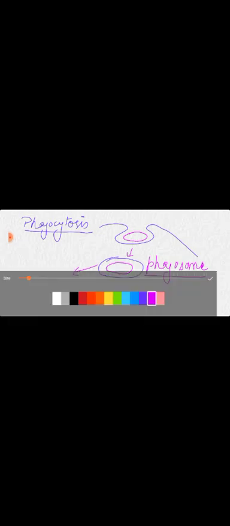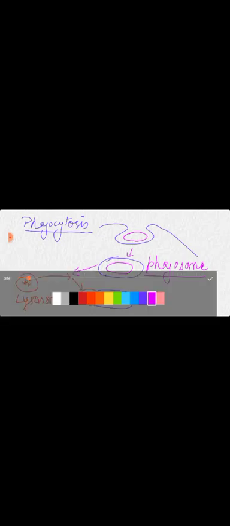So the lysosome, if I draw the lysosome in orange color, where all the digestive enzymes are present, fuses with the phagosome and forms the phagolysosome, and the enzymes which are present in the lysosome will bring about the digestion.